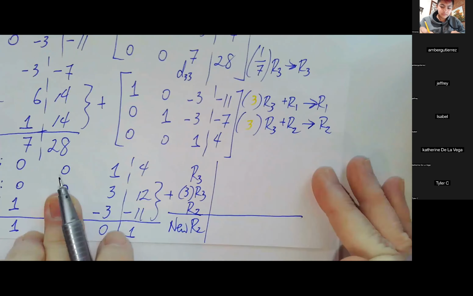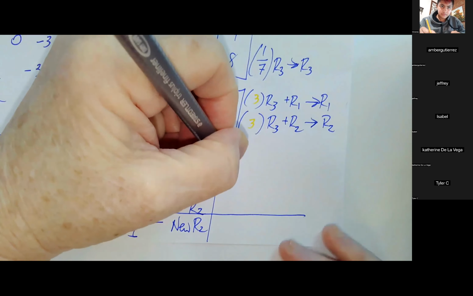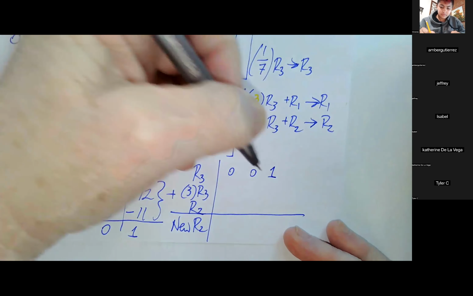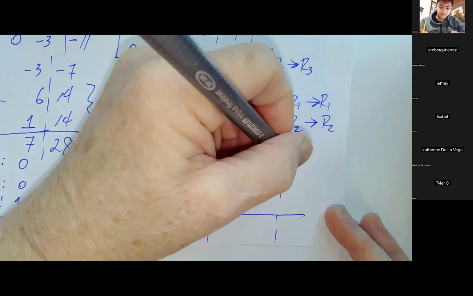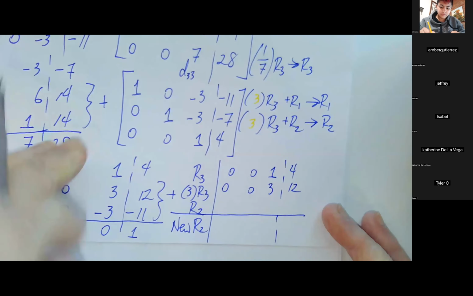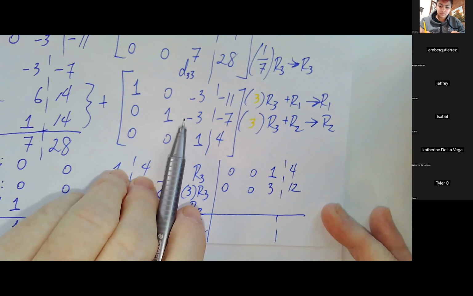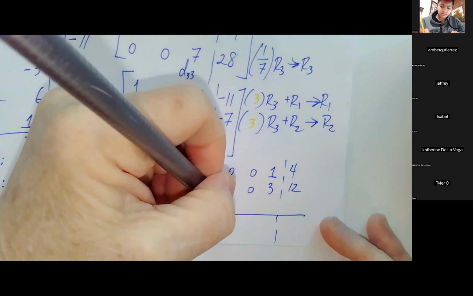I'm just going to copy the first 2 rows from the left side here. So we've got 0, 0, 1, 4, 0, 0, 3, 12. And our current row 2 is 0, 1, -3, -7.